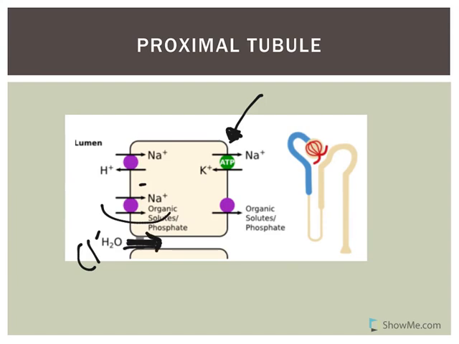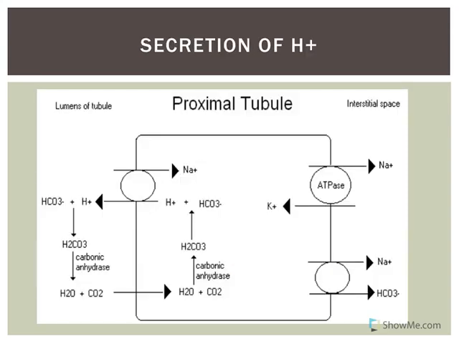Now the other thing that you'll notice here is we have secretion of hydrogen ions. So in that luminal membrane you have a sodium hydrogen exchange protein. Well, the secretion of hydrogen ions is actually necessary to be able to reabsorb bicarbonate. So I want to show you kind of what's involved here.